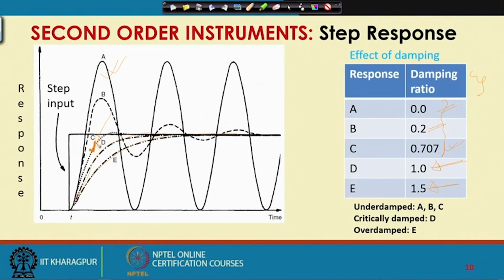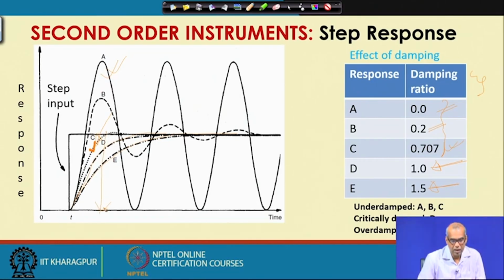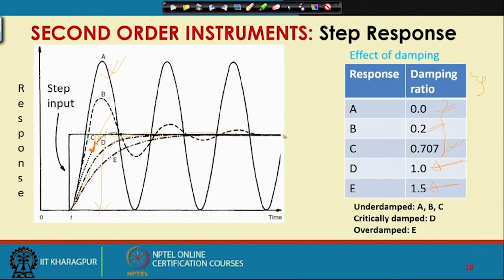So, this one represents zeta equal to 0.7. See, this is the time by which it attains the final response. So, this was the step input given at this time. So, my instrument should show this response finally.